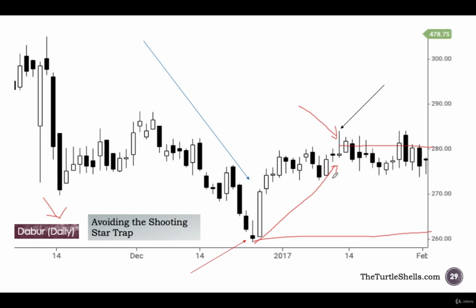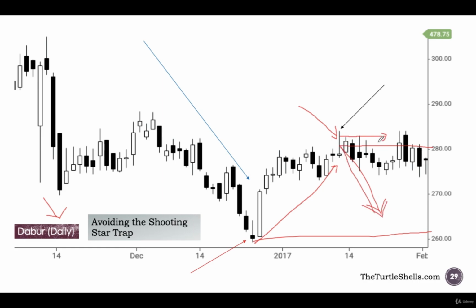One more very important point to remember is that when we say reversal patterns, whether bullish reversal or bearish reversal, reversal does not mean that the price is going to completely reverse down. A reversal pattern means that the prior trend is ending, which means if the shooting star is a bearish reversal, the price will either go flat or it will completely reverse.